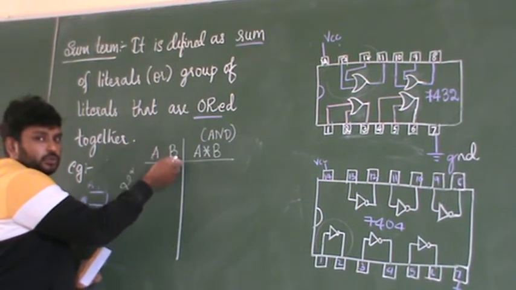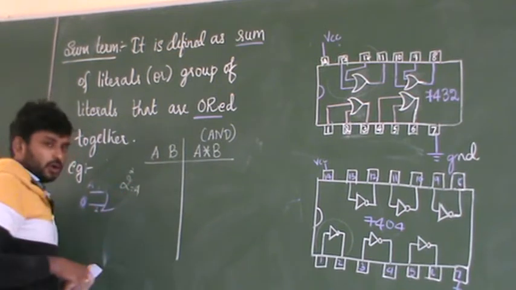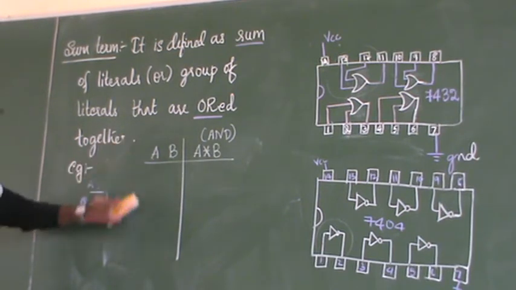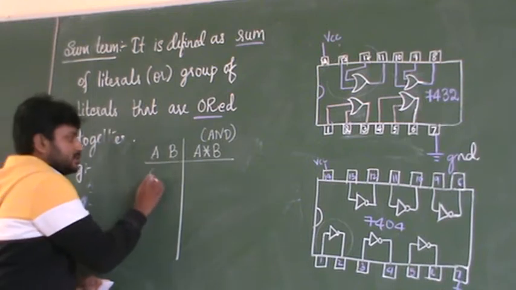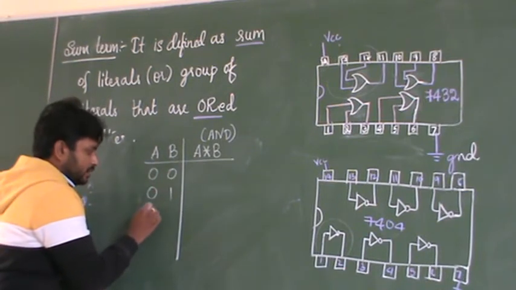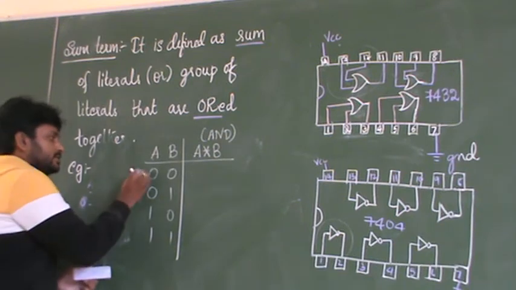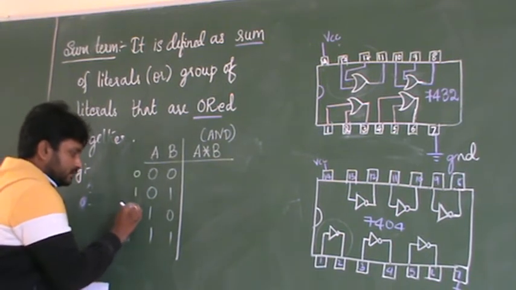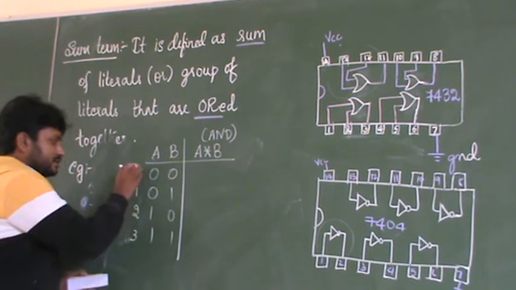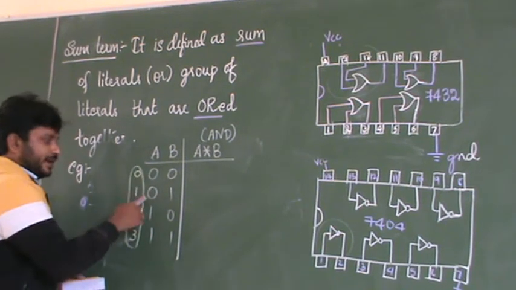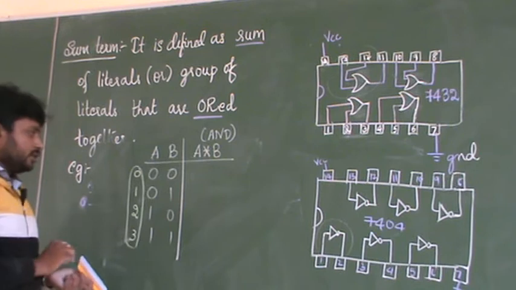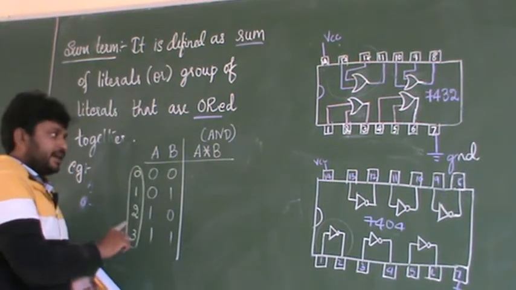Since there are two variables, you will have 4 combinations: 0 0, 0 1, 1 0, and 1 1. So this is 0, this is 1, this is 2, this is 3. This is the decimal equivalent of the binary representation I have written here. No need to write this, I have written it only to help understanding.